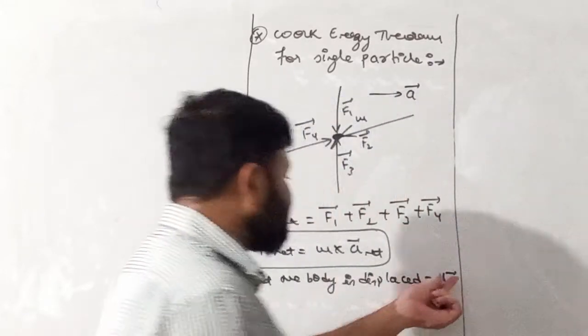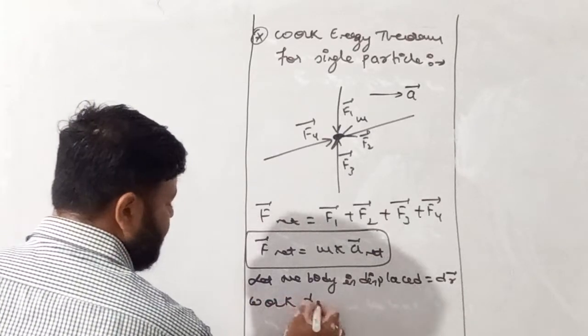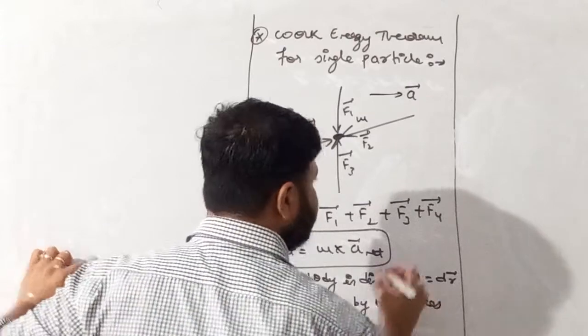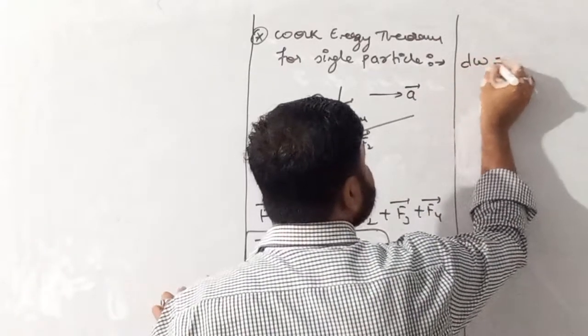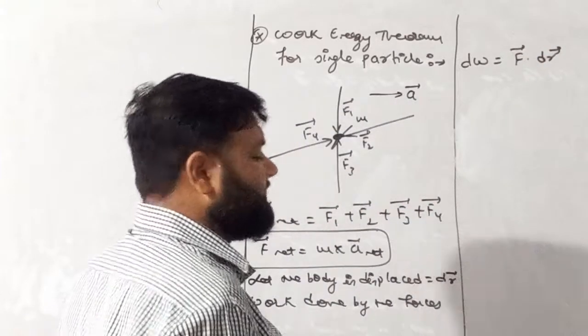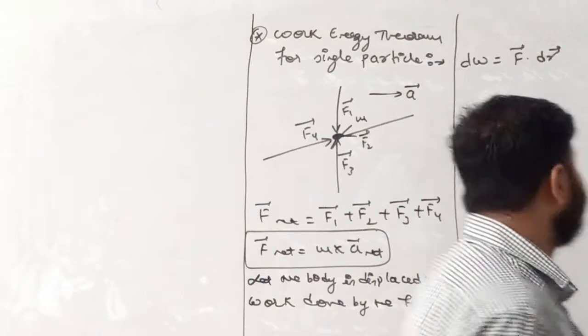So if displacement is very small, then the work done by the forces can be written as, because displacement is very small, the work done will also be small, that is dW. So dW can be written as F vector dot dr vector.